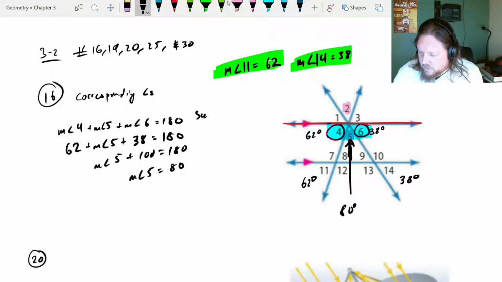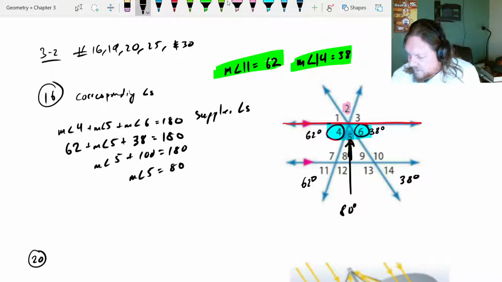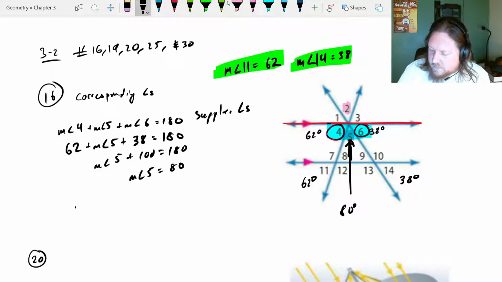Well, that's just supplementary angles. You could say linear pair, though it's really a linear triple. Supplementary is just fine right there. But now I know angle 2 and angle 5 are congruent to each other because of vertical angles. So the measure of angle 2 equals 80 degrees.